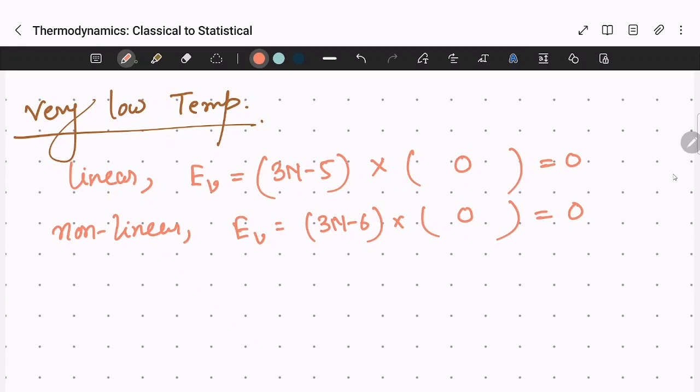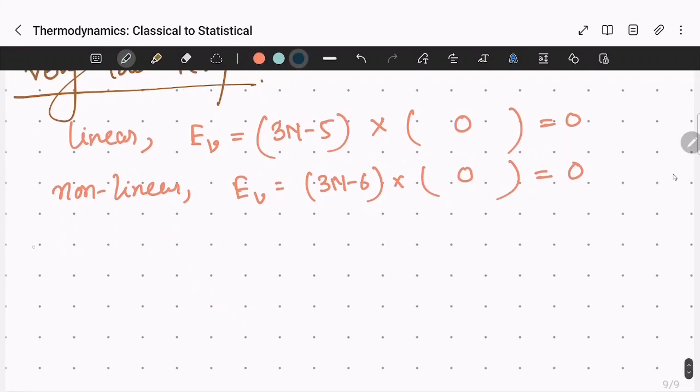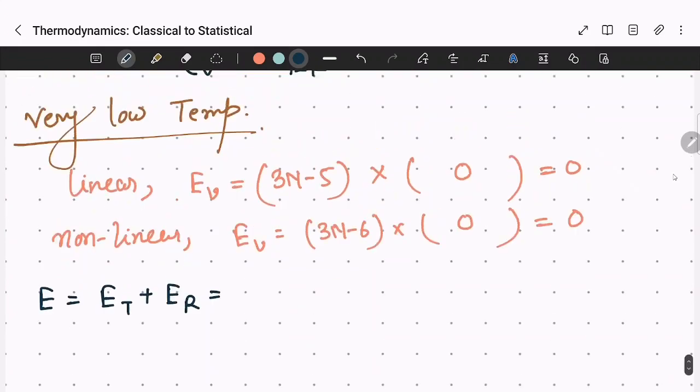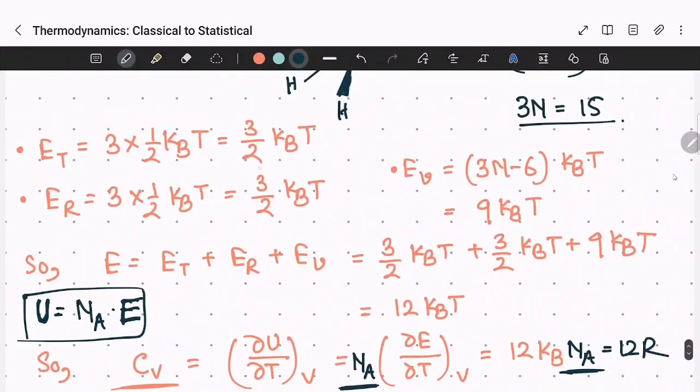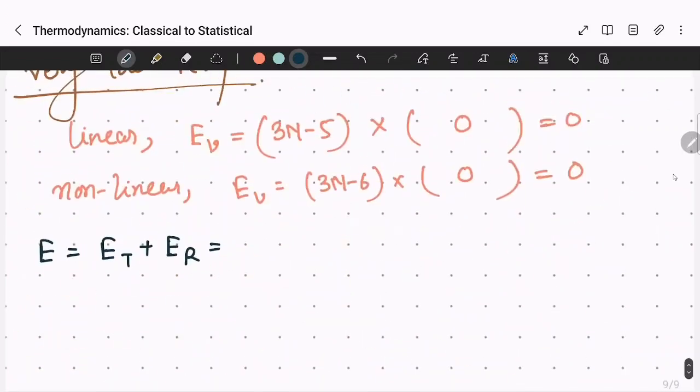So now you can calculate. For low temperature, total E will be just Et plus Er. What was Et and what was Er? 3 by 2 kBT and 3 by 2 kBT, so it is actually 3 kBT.